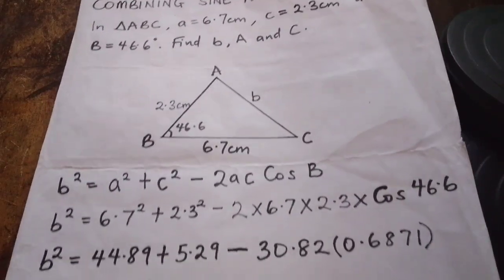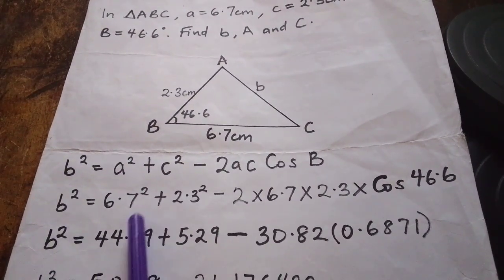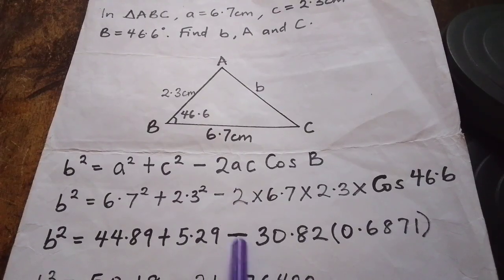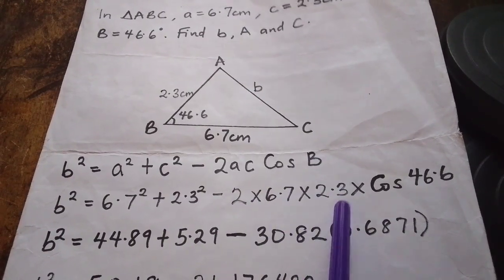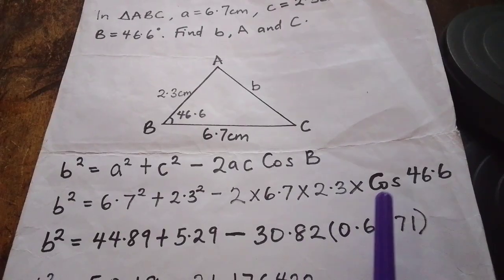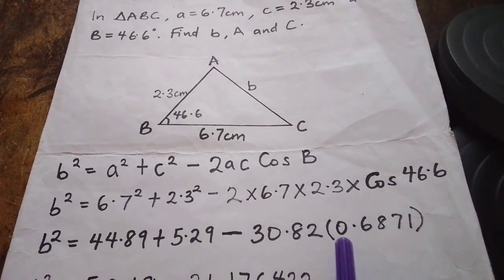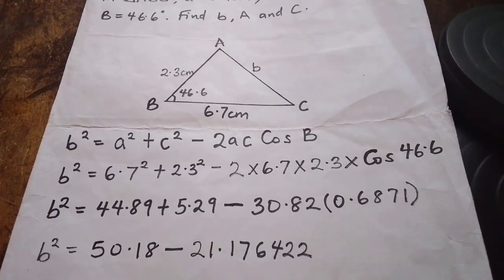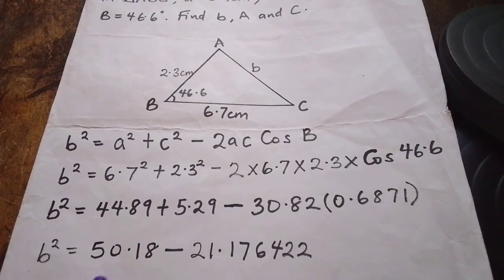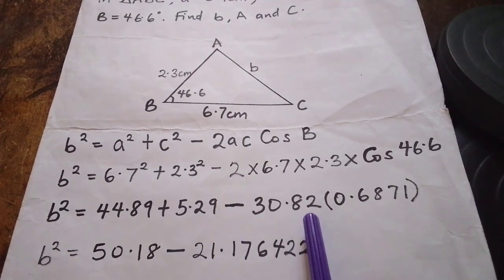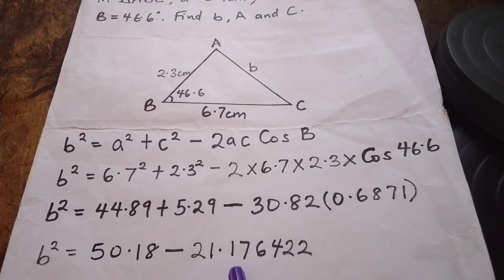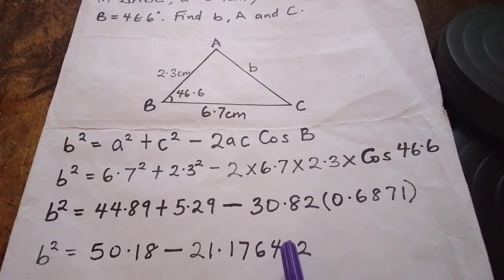So now we have B squared is equal to 6.7 squared, which is 44.89, plus 2.3 squared, which is 5.29, minus 2 times 6.7 times 2.3, which is 30.82, times cos 46.6, which will give us 0.6871. So when you add 44.89 and 5.29 together, it gives 50.18, minus 30.82 times 0.6871, which will give us 21.176422.